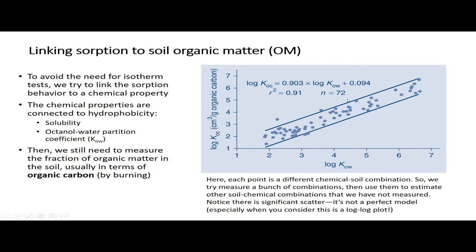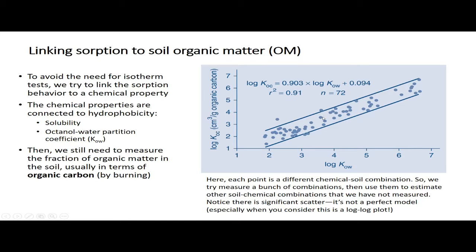In this case, they would take a bunch of different combinations of soils and chemicals. Each dot here might be a different soil and a different chemical, and they put them on that line. If these dots lined up perfectly vertically, then you'd be talking about the same chemical, but it looks like most of them don't. So these are all different chemicals and different soils, or maybe some similar soils.